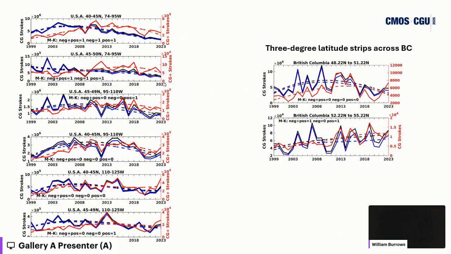On the right side, you see 3-degree latitude strips. We did analyze for all of the areas. Not too much change except for in British Columbia, where we saw in the south, lightning began to decline after 2009, but at approximately 52 north, the trend continued upward after 2009. Next slide.